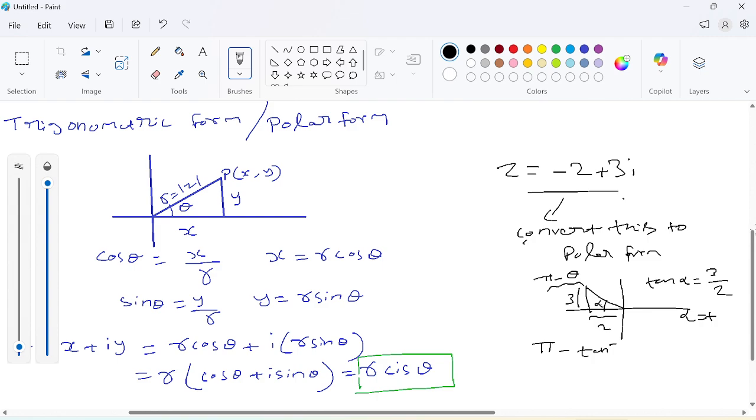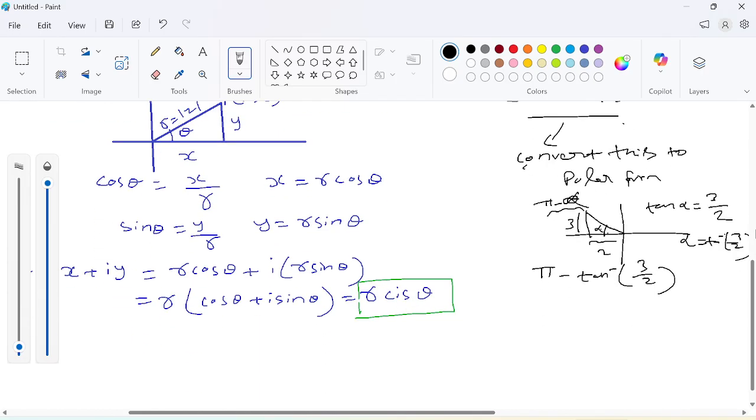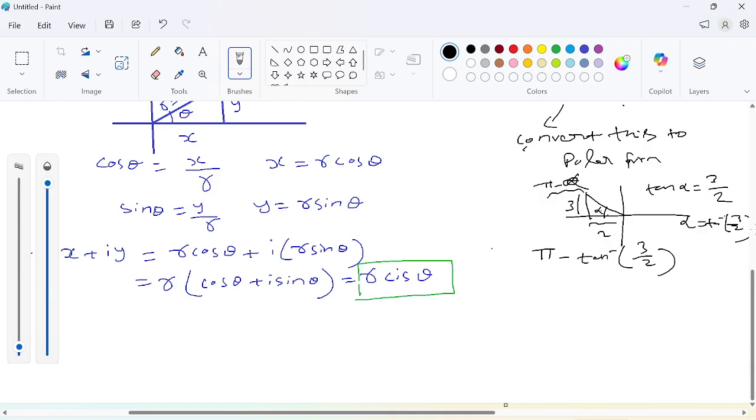So alpha is tan inverse of 3 by 2. But mine is pi minus alpha, as we have seen earlier for the second quadrant. So it is pi minus tan inverse of 3 by 2. That means this is my theta.